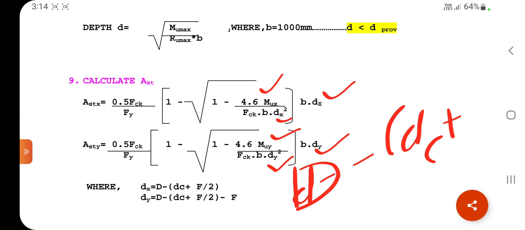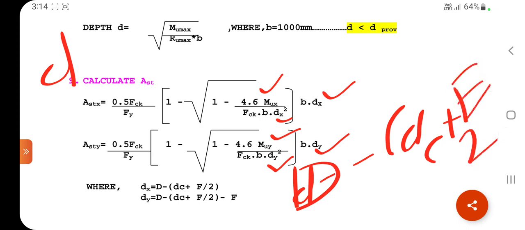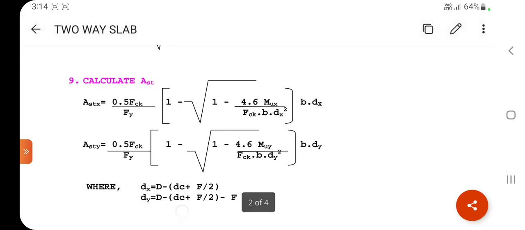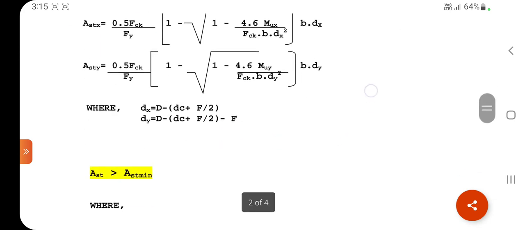Generally the notation for diameter of bar is d, but as d is utilized very frequently, we give the diameter of bar by phi, and divided by 2. And in the case of y, dy equals capital D minus dc plus phi by 2 minus, again we are taking the phi. This is the main difference while calculating the Ast.